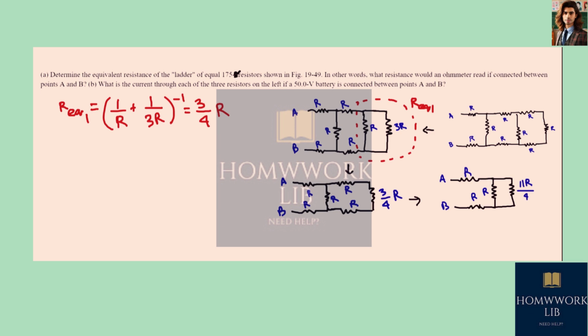Now these three guys are in series connection again. So if that's a series connection, let's mark this part and let's call it Req2, and Req2 is going to be twice R plus this quantity, which is 3 over 4R, and that gives us 11 over 4R.